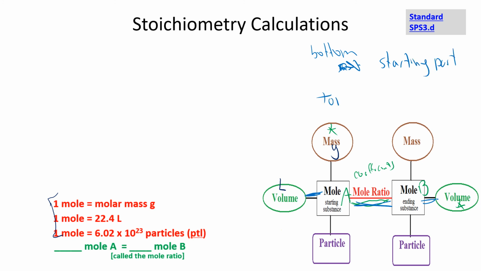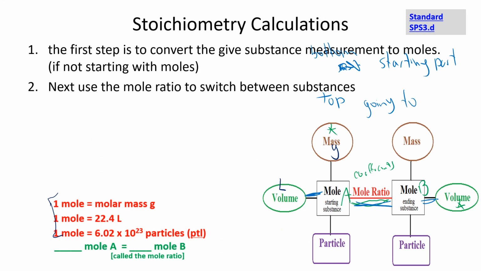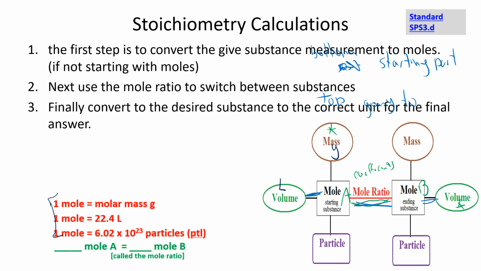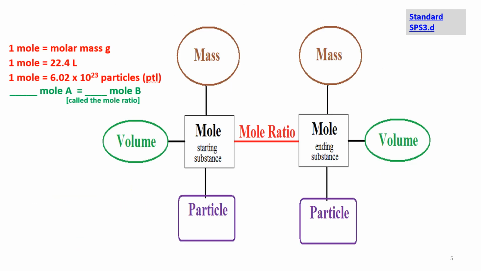The top of each fraction is whatever you're going to. And you're only allowed to move one step at a time. The same steps that we saw earlier with doing just normal conversions are still used here. The only difference is we're using our mole map to help guide us in this particular process.